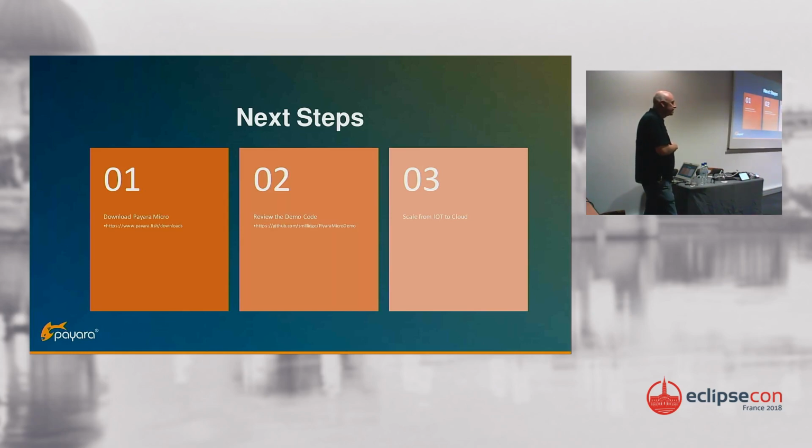So the secret is actually not a lot of difference. One of the big differences is that Payara Server has an OSGi runtime underneath. Payara Micro doesn't use OSGi, so it has a lower overhead because of that. Payara Server supports the full Java EE 8 API.